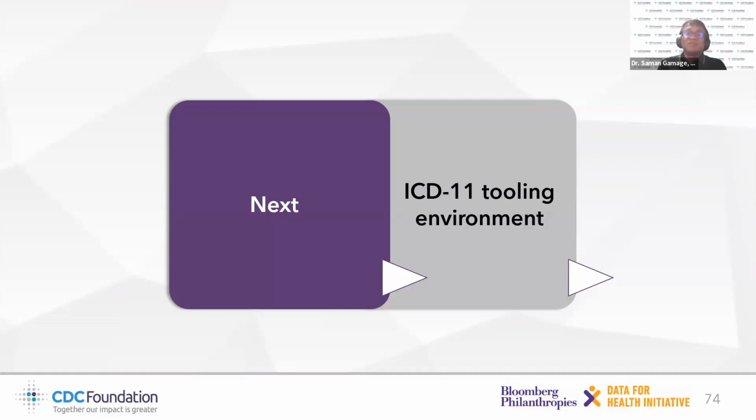And sometimes if you are coding for an accident or external cause, then there are a number of extension codes that you can use. There's no specific order, but maybe based on how the information is available in the diagnosis.